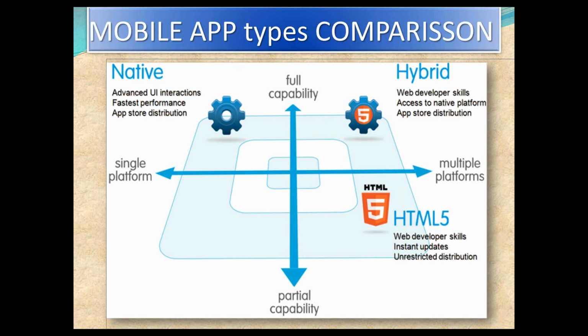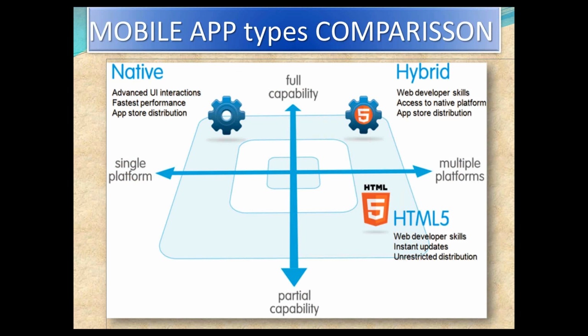Hybrid development combines, like I said, the best or the worst of both the native and HTML5 worlds. We in the industry define hybrid as a web app primarily built using HTML5 and JavaScript that is then wrapped inside a thin native container that provides access to native platform features.